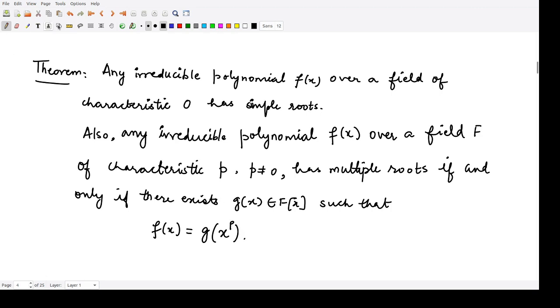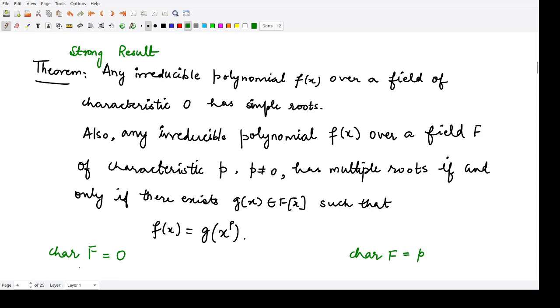So this is, if you see, a very strong result. It clearly says that you have two cases. One is when the characteristic of your field is given to be 0. In another case, the characteristic of the given field F is given to be p, which is not equal to 0.